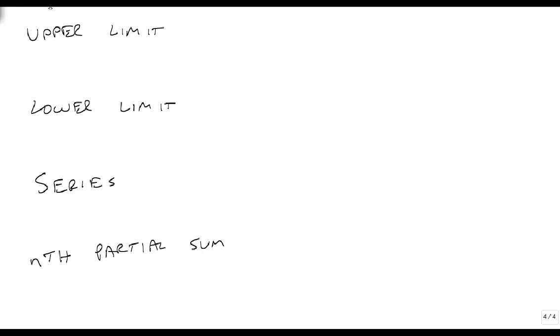And the series, by definition, is what we call the sum of all of the terms in a sequence. So these we've already covered, that was done above, but the series is the sum of all terms in a sequence.